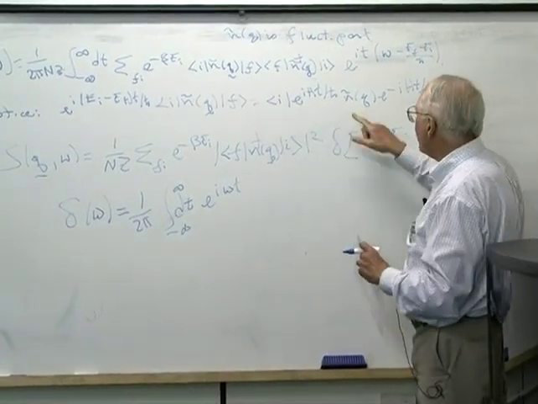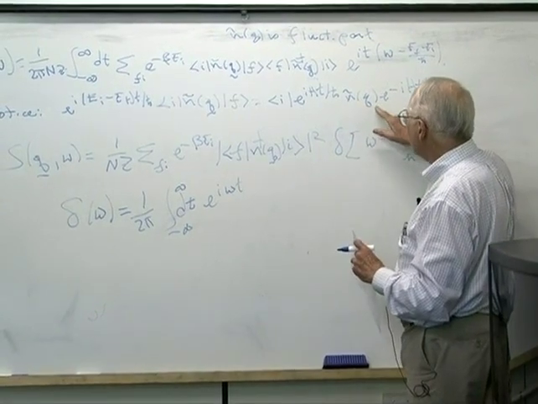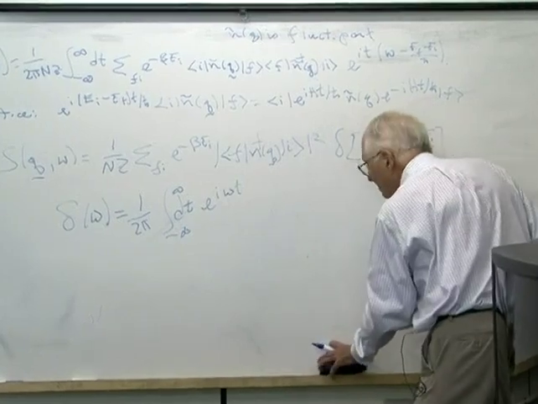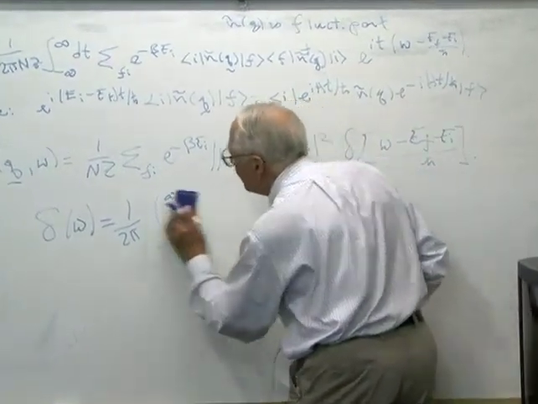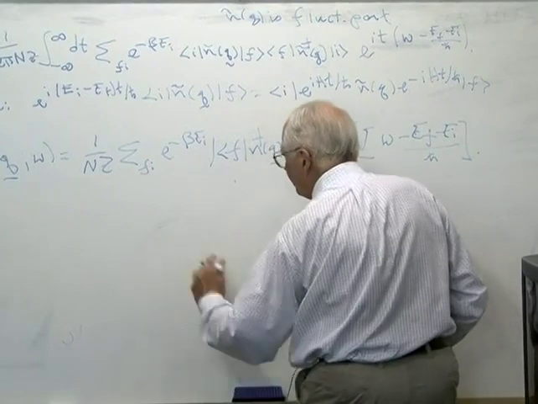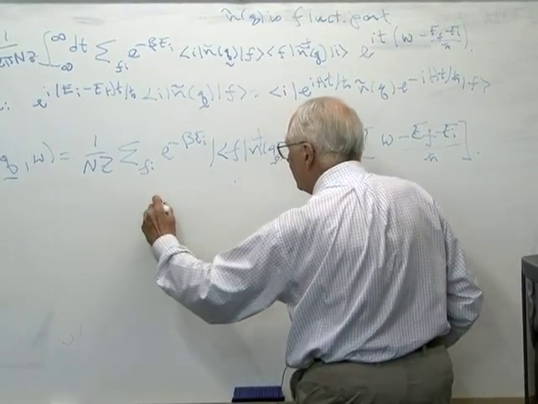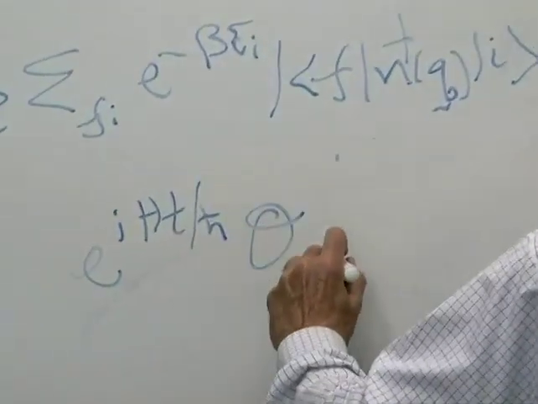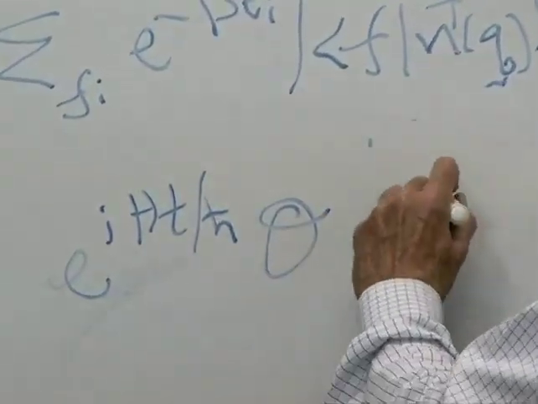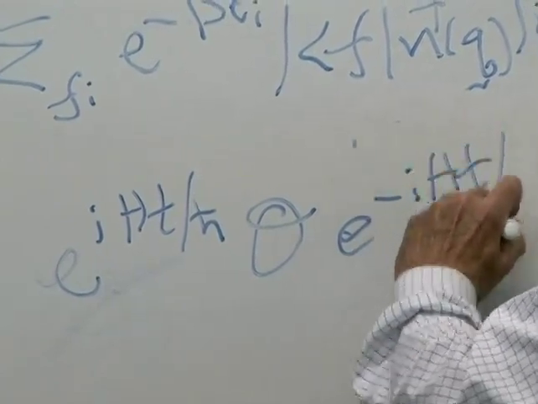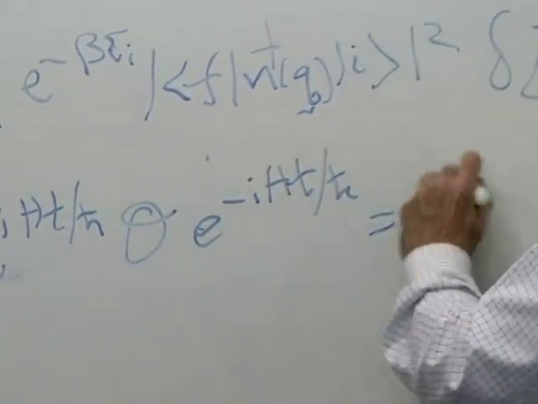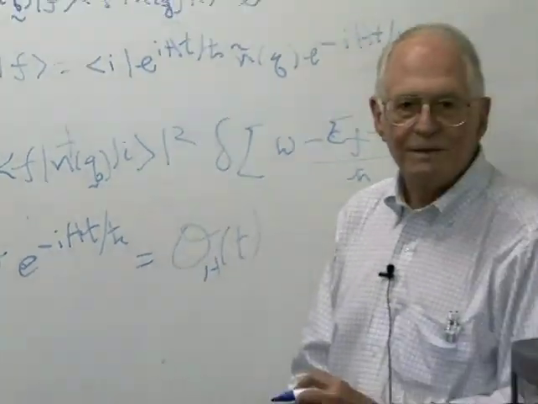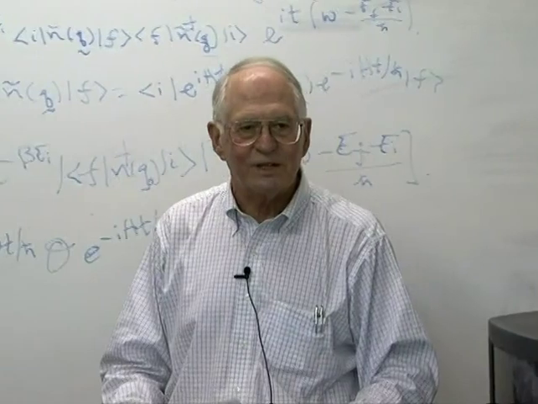And so this is exactly the same as n tilde of q in time interpreted as a Heisenberg operator. So let me write that down. This factor e to the i H t over h bar times any operator times e to the minus i H t over h bar is what we call O sub t as a Heisenberg operator. That's the usual formalism in quantum mechanics.